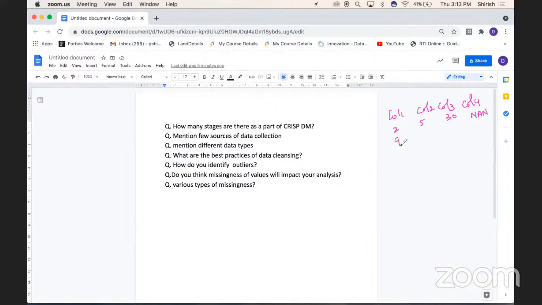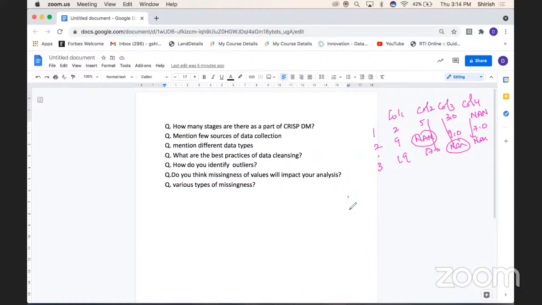Again, I have 9, and some no information. Take the average of these two, whatever the average is, fill it. Take the average of this column, whatever the average is, fill it. There is no other option here. 7, so take 7 and fill it with 7.